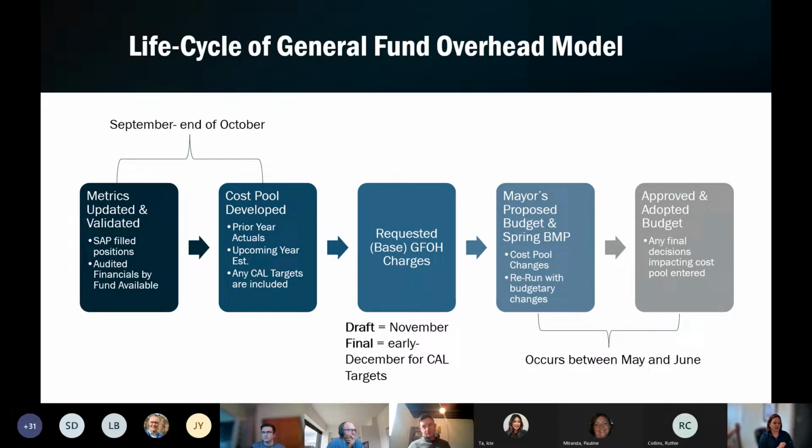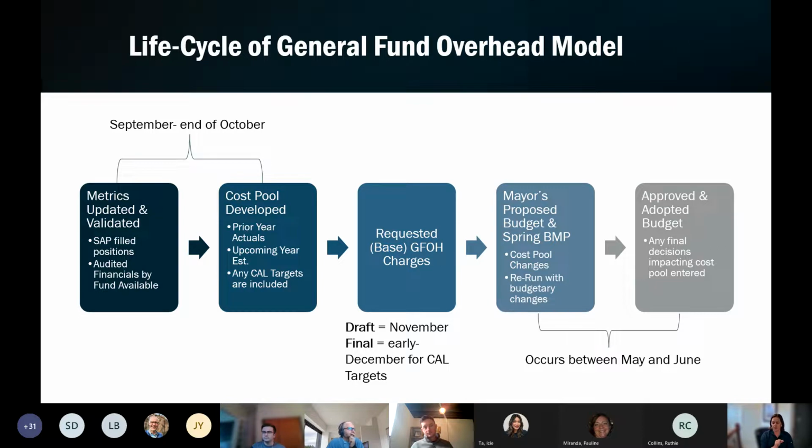The mayor's proposed budget and then the spring bump are two inputs that happen between May and June that have impact on the size of the cost pool. So during the mayor's proposed budget, the mayor will have the opportunity to make adjustments to file his or her proposed budget. And so if there are decision packages to either add or reduce programs in the cost pool, that is when the cost pool would see change.